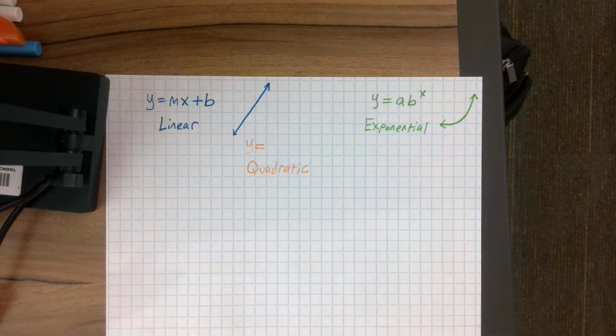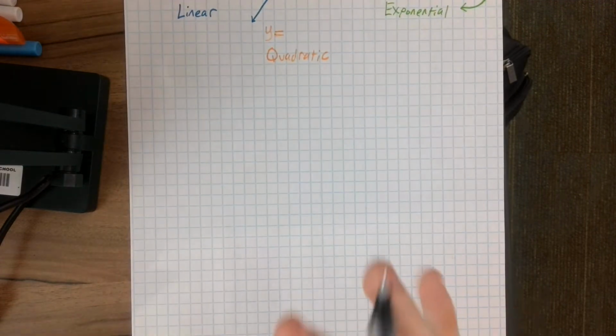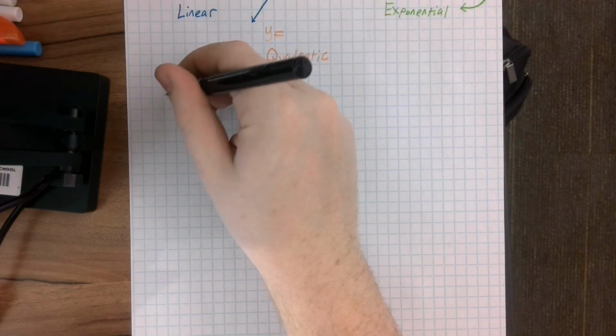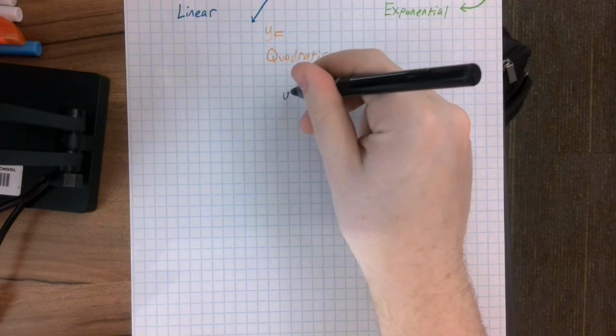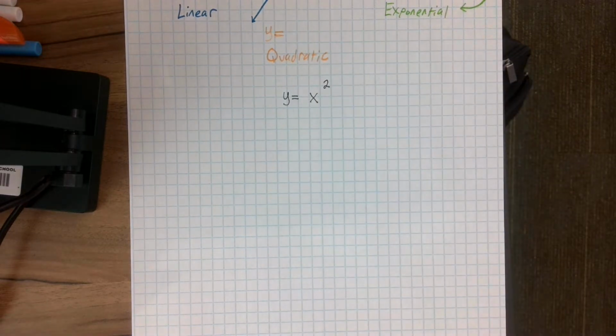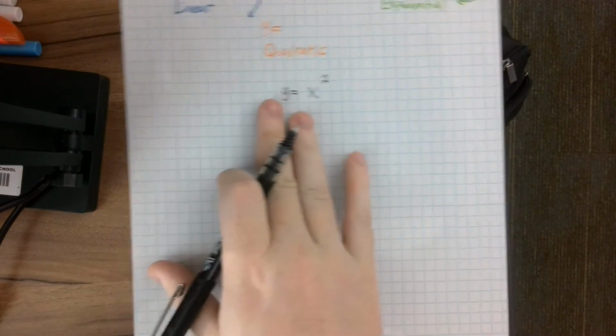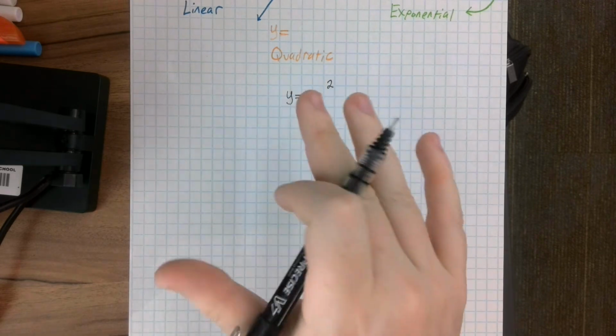So let's do this. I want to figure out what the graph of y equals x squared will look like. Do we know what this graph is going to look like just by staring at the equation? Probably not. In general, you're going to see a lot of equations that you won't know exactly what they look like.